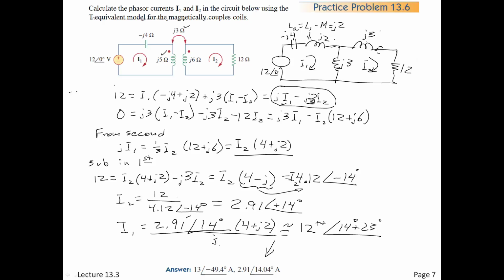And then the j in the denominator is a minus j on top, so that's going to be minus 90 degrees, something like that. Okay, so I would expect something in the range of 12 plus plus at an angle of 14 and 23 is 37, so about 43, 44 degrees?